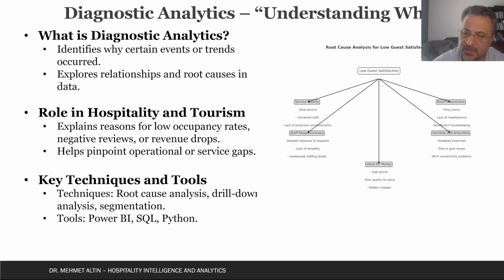To illustrate this, let's look at the root cause diagram that identifies the reasons for low guest satisfaction. Of course, this is an extreme example of a property with many problems, but you can look at common causes in different departments that might include slow service, room cleanliness, or staff responsiveness.